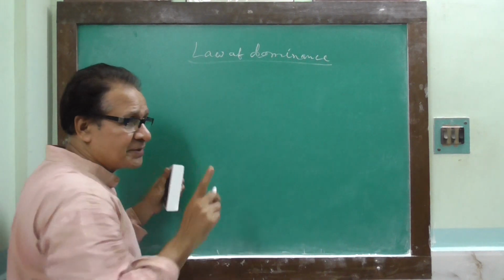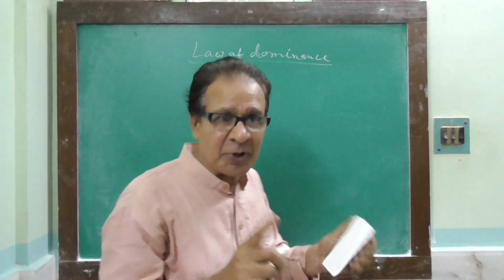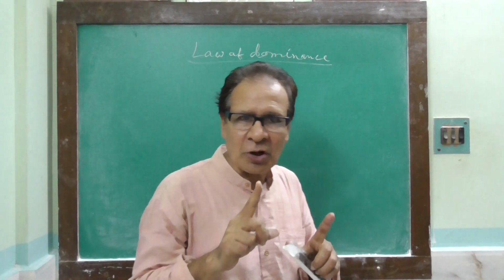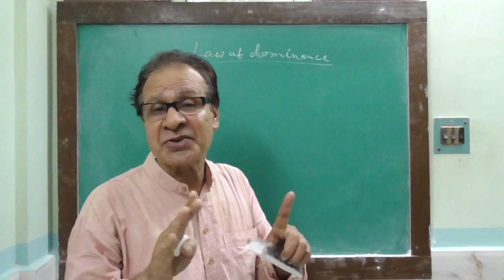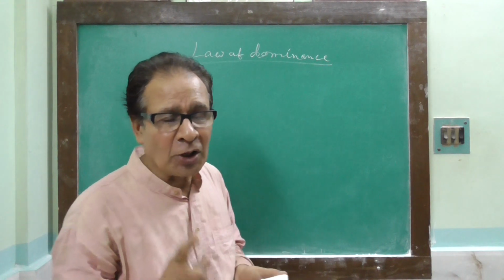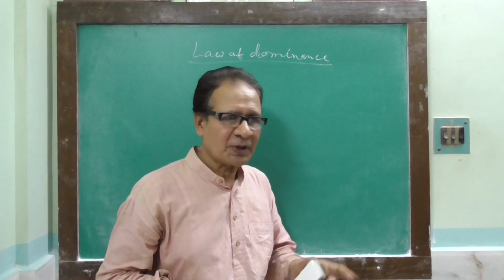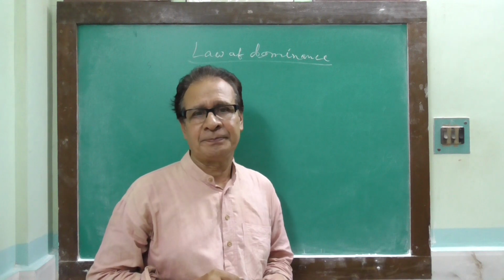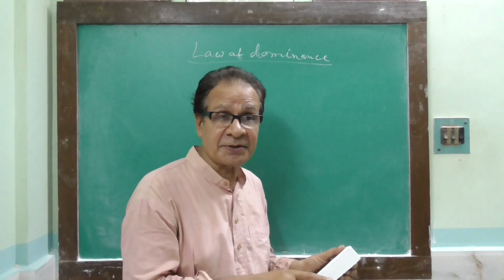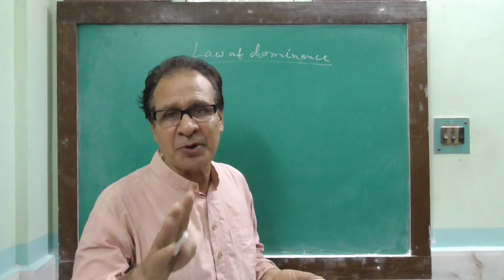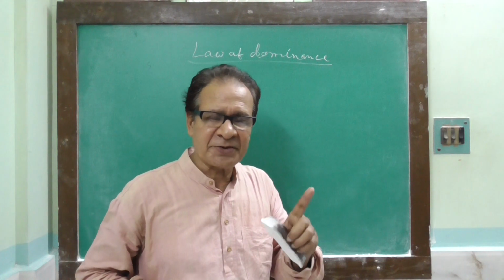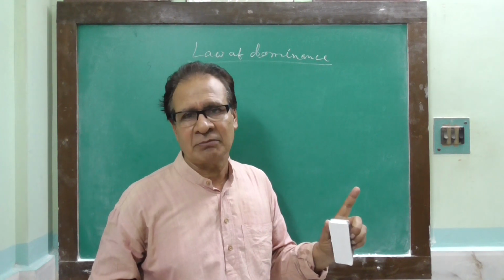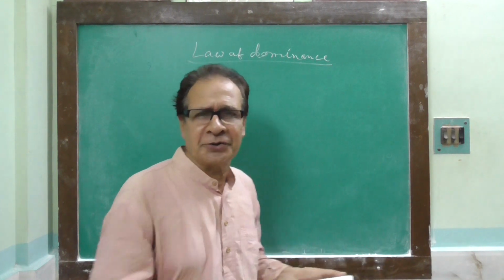It states that in a hybrid, in the presence of 2 contrasting traits, only the dominant trait is expressed in the phenotype, and the recessive trait does not express in the phenotype but remains in an apparently lost condition. You have already learned it.